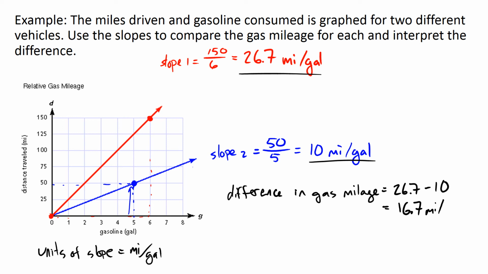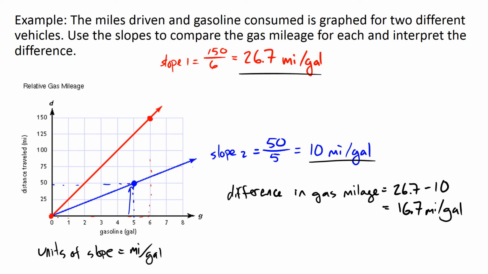So in other words, the car that was graphed in red, that car can drive 16.7 miles. Oh, it shouldn't be per liter, it should be per gallon, sorry. 16.7 miles further per gallon of gasoline.